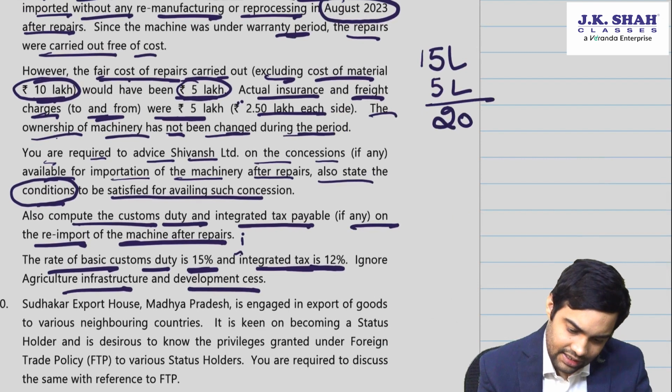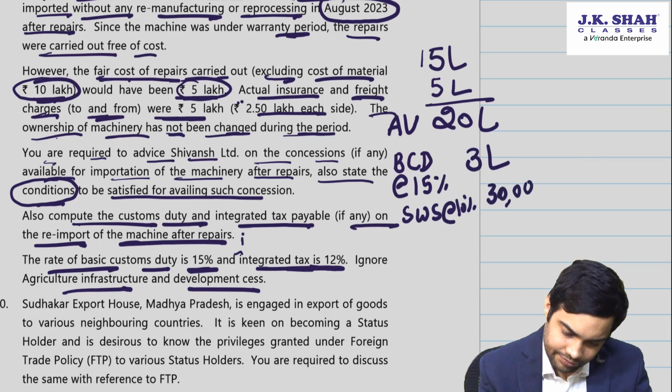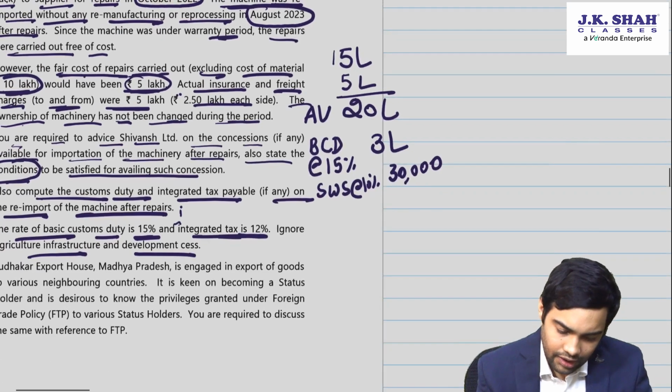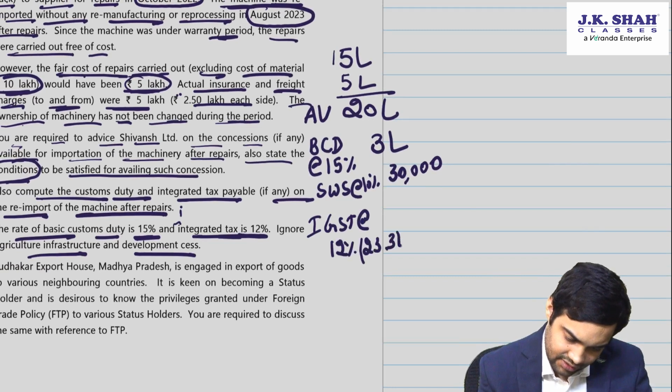Now 20 lakh is the assessable value. Basic custom duty at 15% will be 3 lakh. Social welfare surcharge at 10% will be 30,000. And now IGST will apply at 12% and this will apply on 23 lakh 30,000.